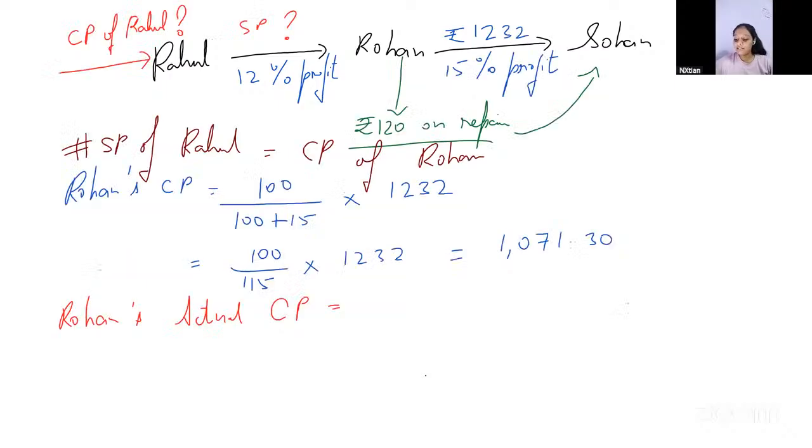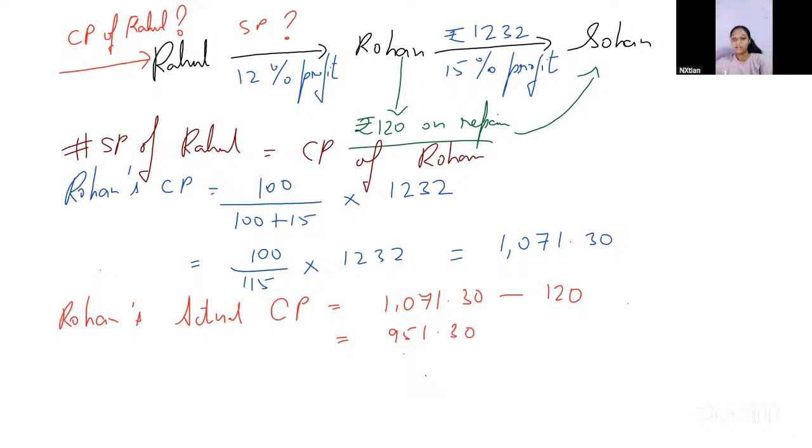Now, Rohan's actual cost price is 1071.30 minus 120 that is spent on repairs. So we will get 951.30.